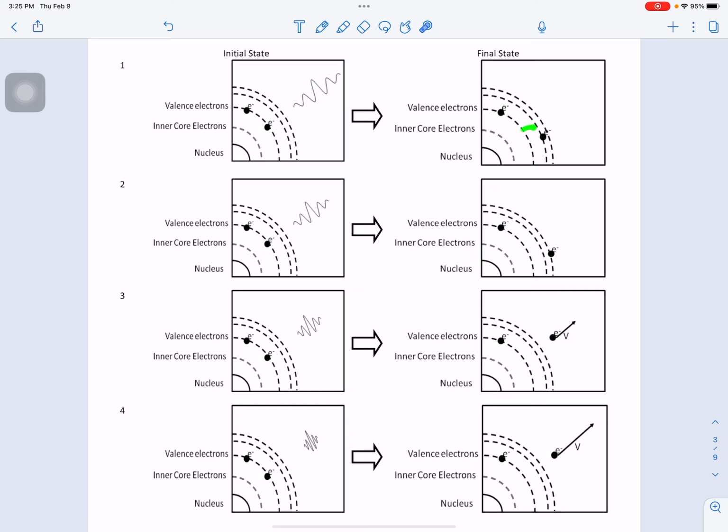So in the first case, I jump 1 level. I go from this level and I jump 1 level up. Okay. In the second case, I go from this level and I jump to a higher level. Okay, so think about how that might have happened. In the third case, I just eject an electron and this becomes an ion. So eject electron.